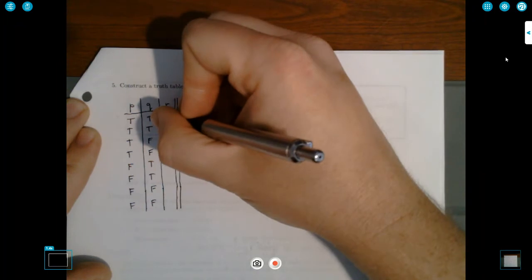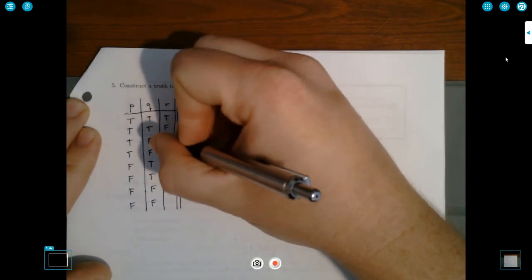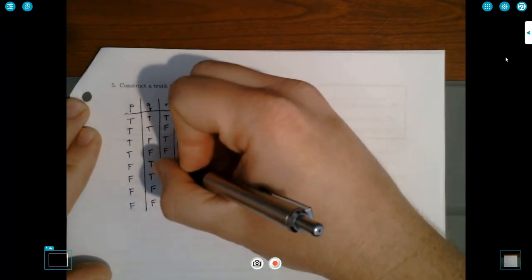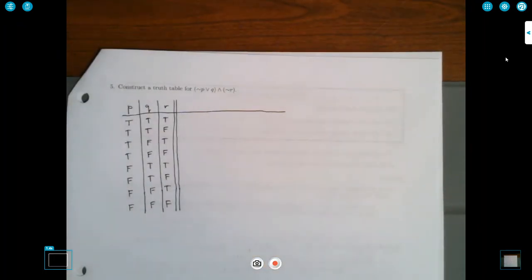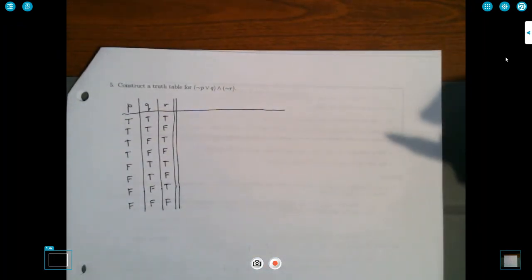And then for R, it's going to be true, false, true, false, true, false, true, false. That should list all of the possibilities. It's a good idea to look back through your work and make sure you don't have any repeats of possible combinations. But that should do it.